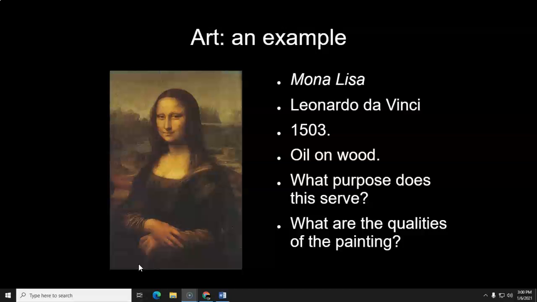And the qualities of this painting, for the time, it was considered to be a painting of a very beautiful woman. Aesthetically, the painting is considered to be one of the best paintings in Western art. Western meaning European, Americans.